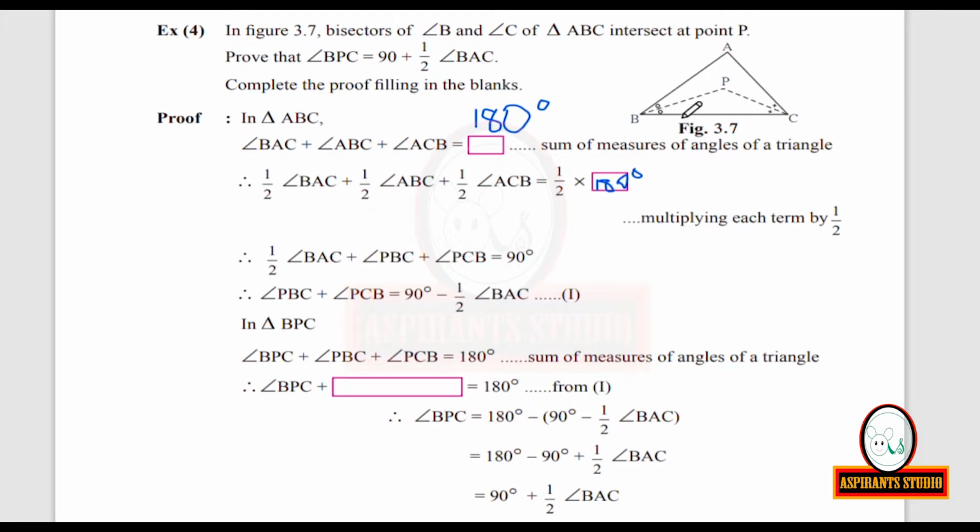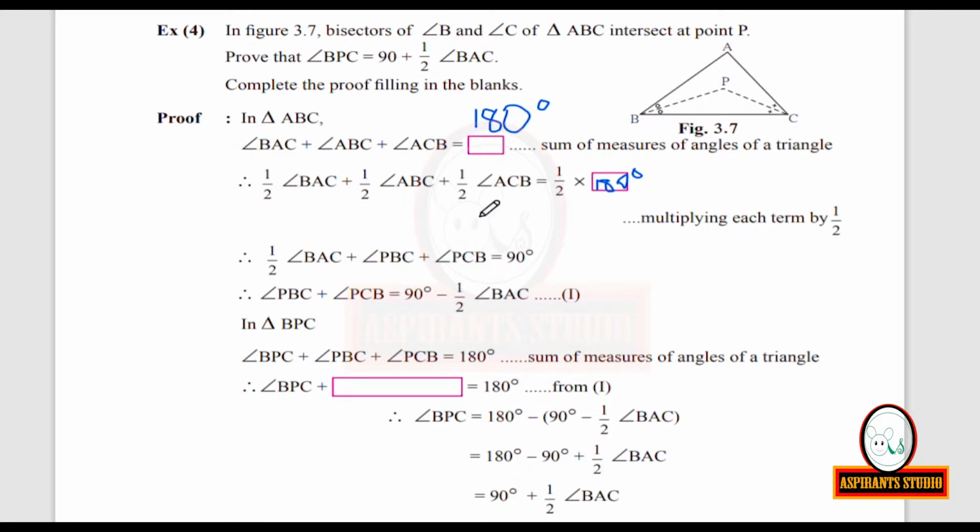We are taking half of angle ABC as angle PBC, because we know that ray BP is the angle bisector of angle ABC. So ray BP divides this angle into 2 equal parts. Now we are considering this angle PBC. So instead of half of measure of angle ABC, we can write angle PBC.